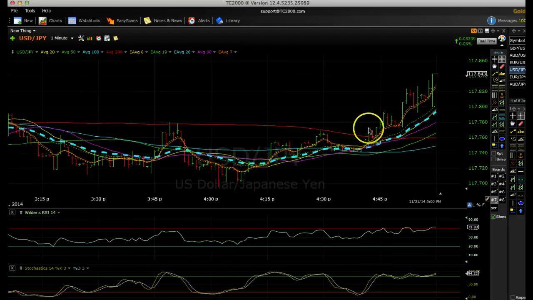So as you see here, as we get into a squeeze after we couldn't break above the 200-day moving average, you see this line here? This dotted line is my 26-day exponential moving average.